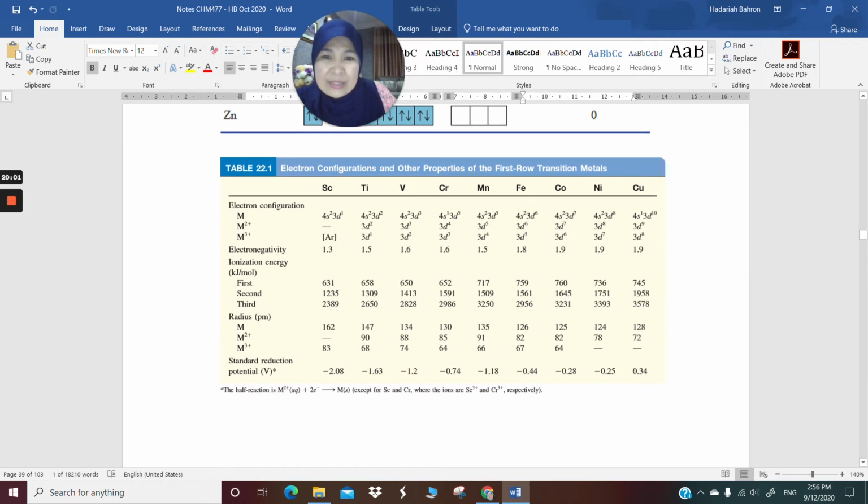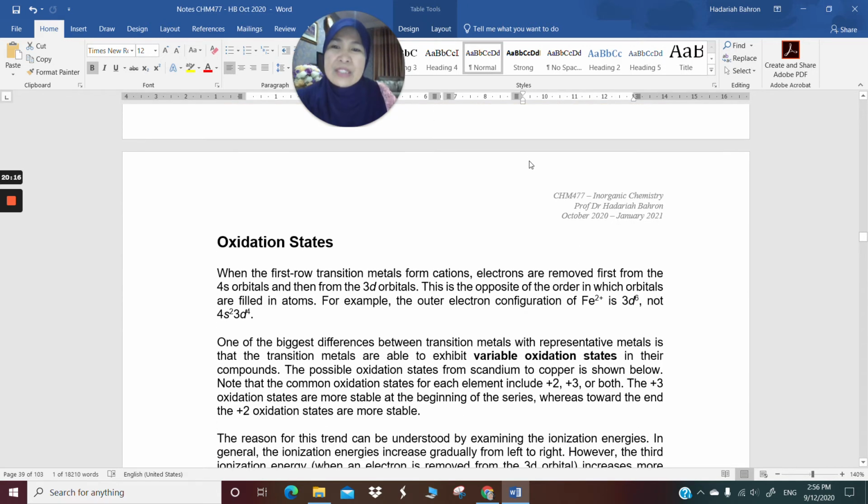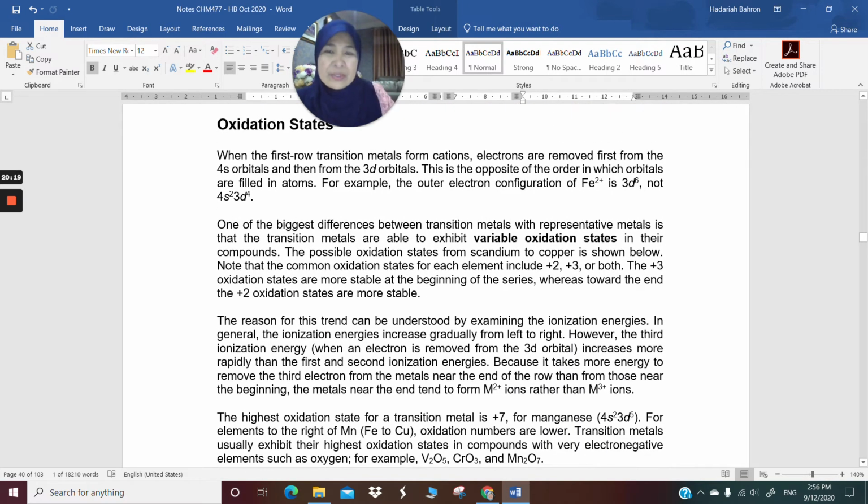So these are the electron configurations and other properties of first row transition metals. You're going to see there is a trend to the radius, to the standard reduction potential. The trend is here. You can have a look at the values. So I'm going to go straight into the unique properties of transition metals.